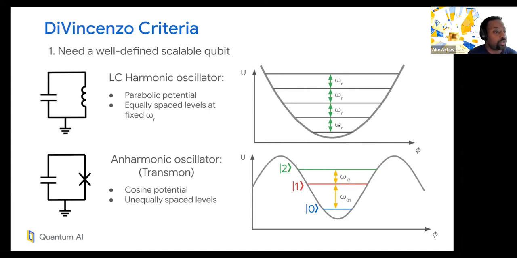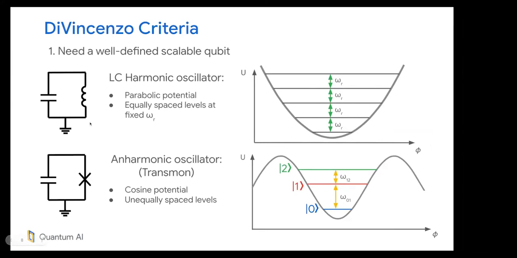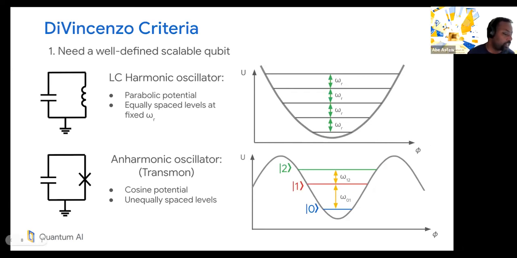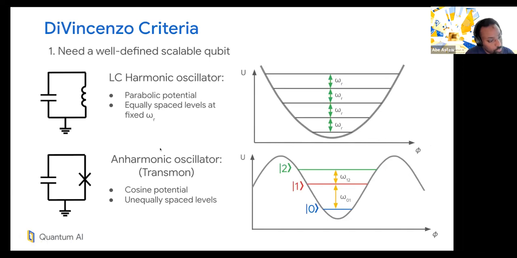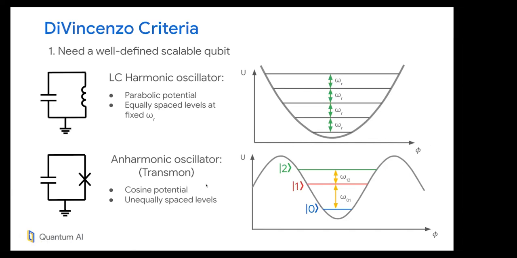In order to engineer something very similar to this using superconducting circuits, we replace that inductor by something that looks like an inductor, which is that Josephson junction that I showed you a moment ago. The net effect of that is, instead of a parabolic potential, we end up having a cosine potential.